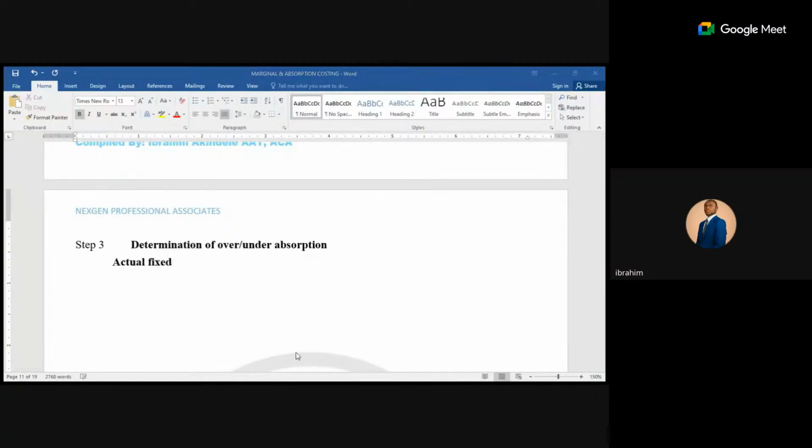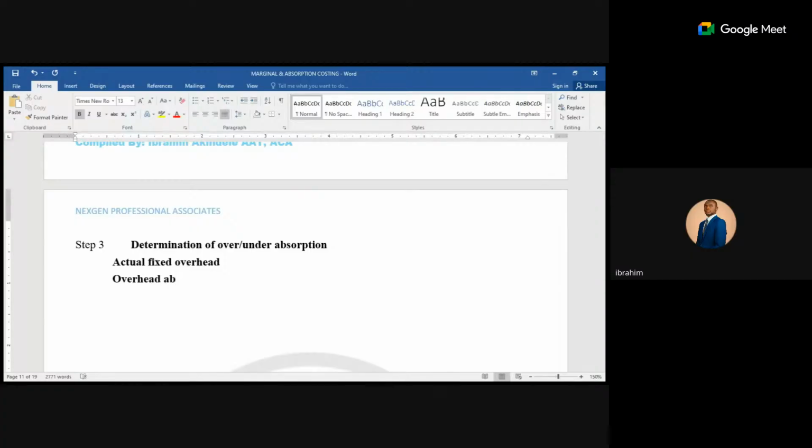This actual fixed overhead, then your overhead absorbed. Your overhead absorbed is your budgeted.